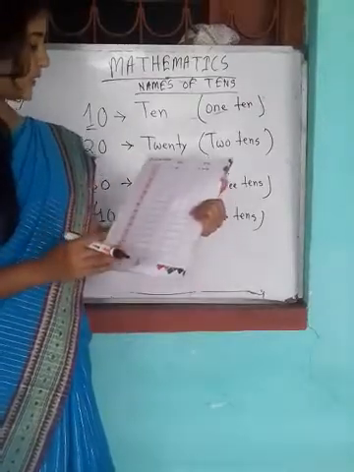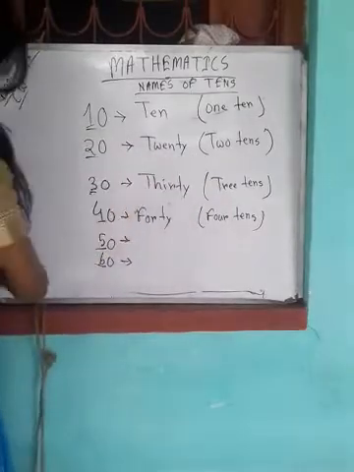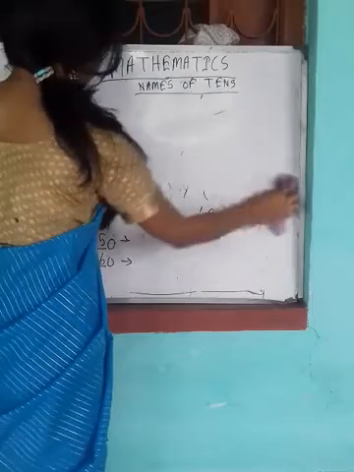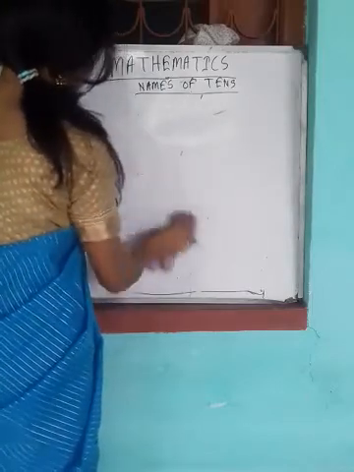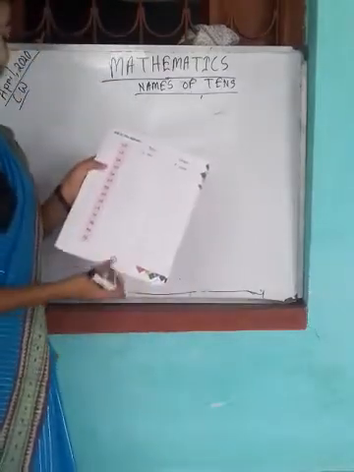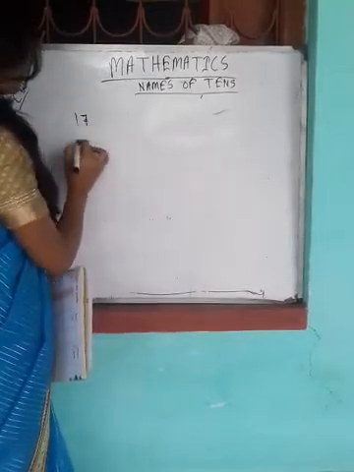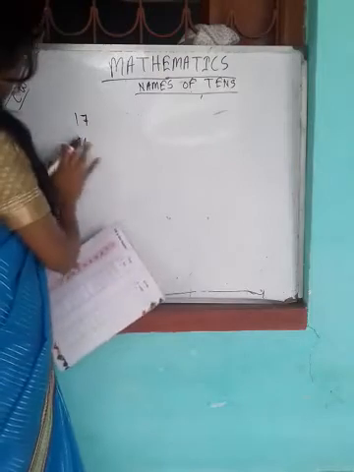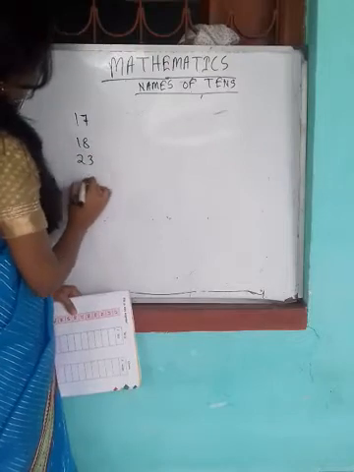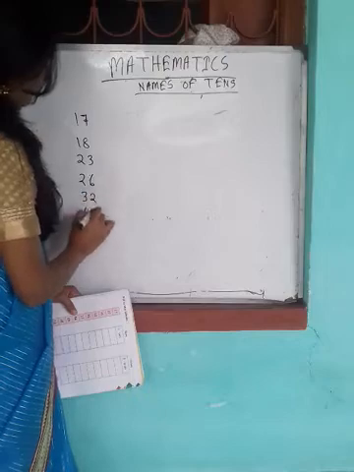And next, you have to fill in the blanks with the names. See, 1 is given. Okay, how do you have to do that? I am just showing you. Fill in the blanks, page number 23. There are numbers given like 17, 18, 23, 26, 32, 41.